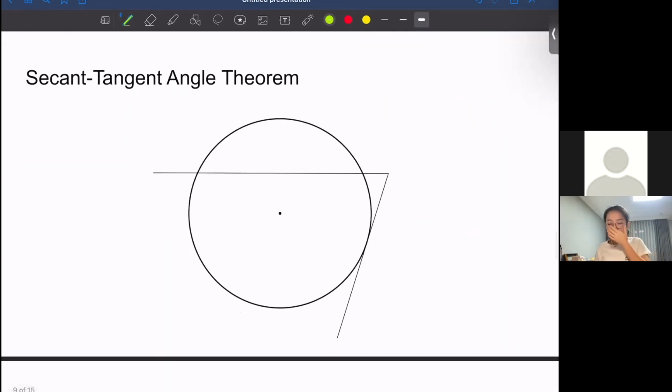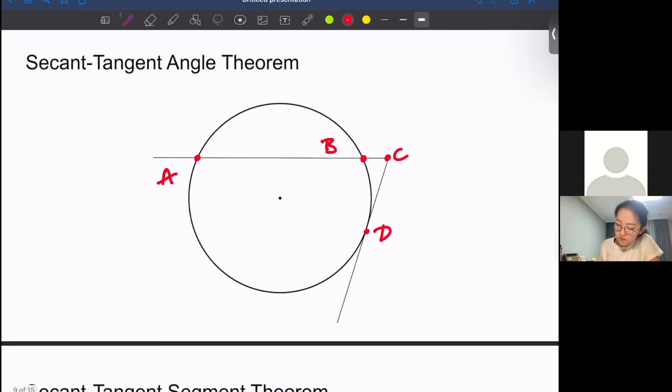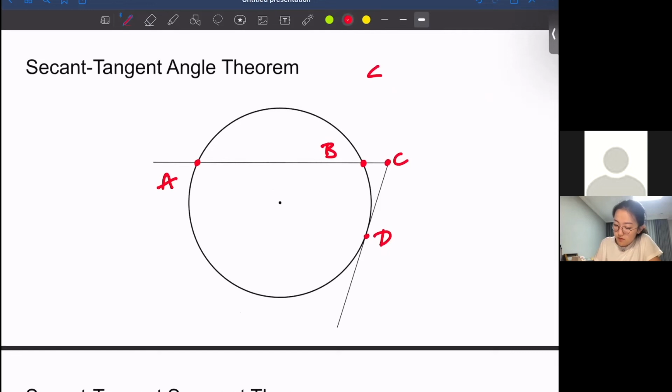Next is the secant tangent angle theorem. This tells you that angle BCD is half of arc BD subtracted from arc DA.